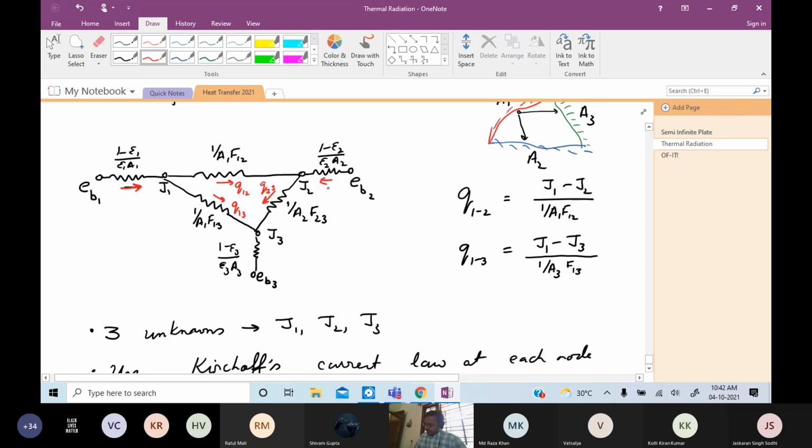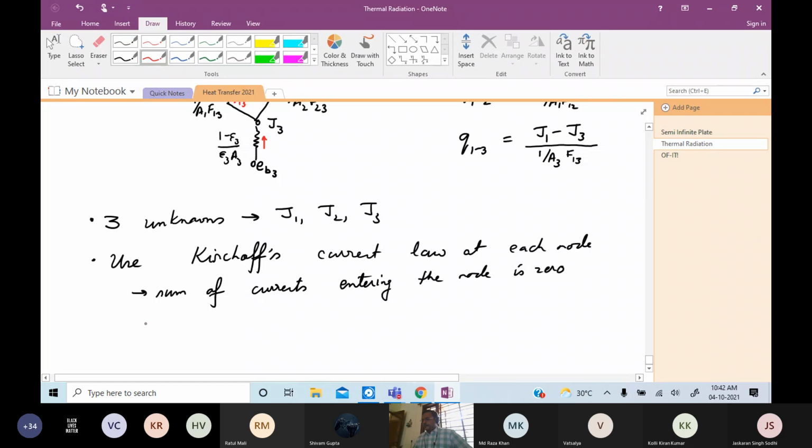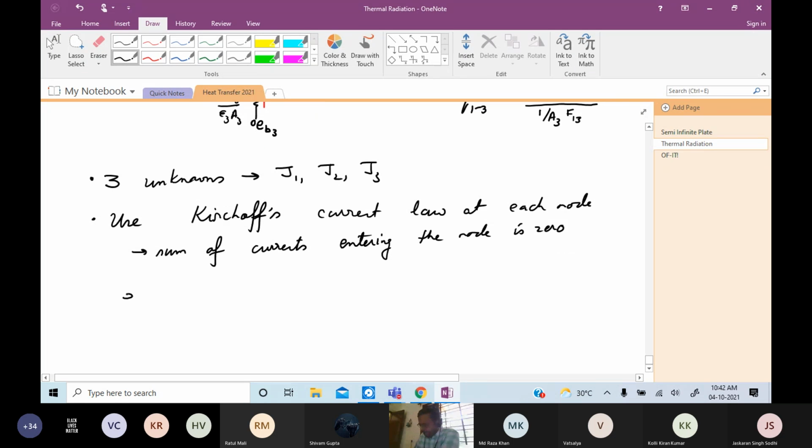Similarly, okay. So what can I write for node 1? I can write EB1 minus J1 divided by 1 minus epsilon 1 divided by epsilon 1 A1. Okay. This is coming from EB1.